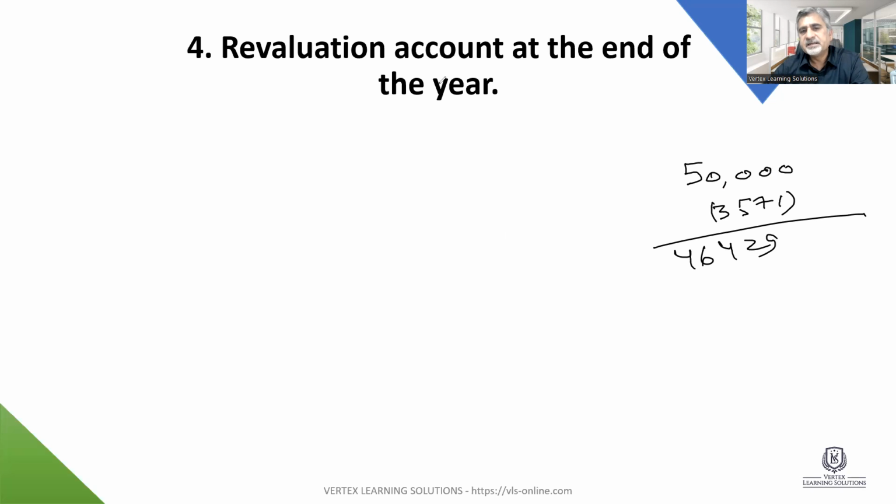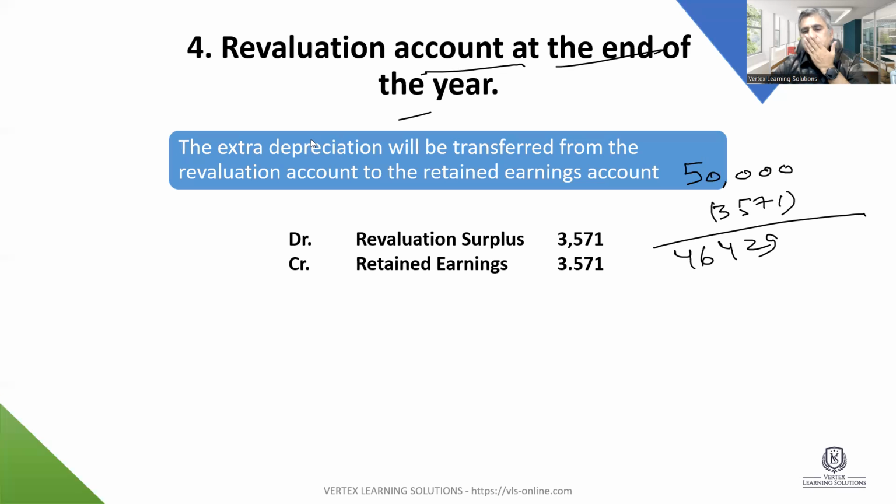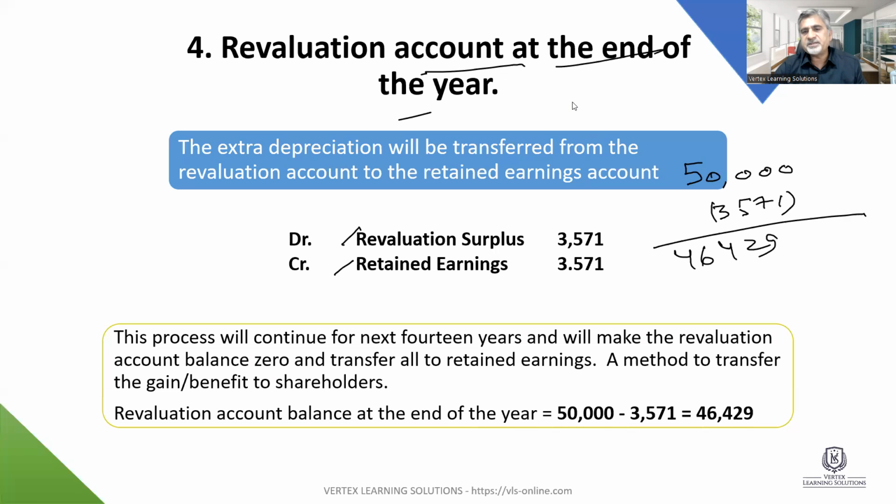This is the answer. Revaluation account at the end of the year. Okay. It is possible. This is the same double entry which I showed you before. Debit revaluation surplus, credit retained earnings. I explained this before. And how much is the balance?